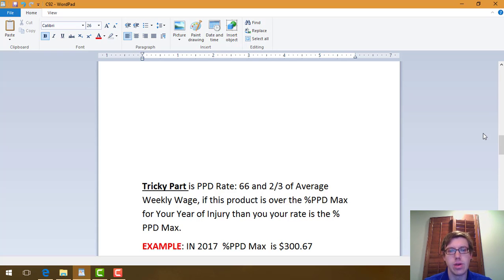So that's your AWW, your average weekly wage: pre-tax income divided by 52 weeks in a year. You take 6 2/3 of this average weekly wage, and if this product is over the percentage permanent partial disability maximum for the year of your injury, then your rate will be the percentage permanent partial disability max.